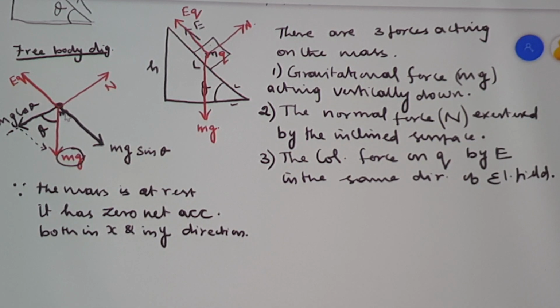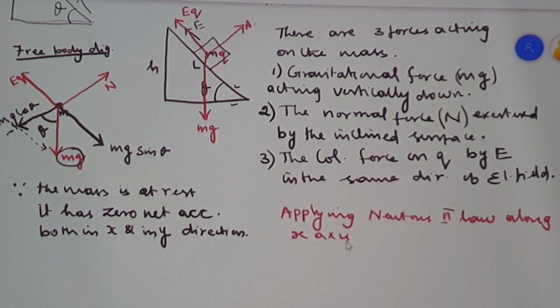Let us now consider the second law. If this mass moves, it moves only along this inclined plane, that is, along the x-axis alone. So I am applying Newton's second law along the x-axis, or along the inclined plane.